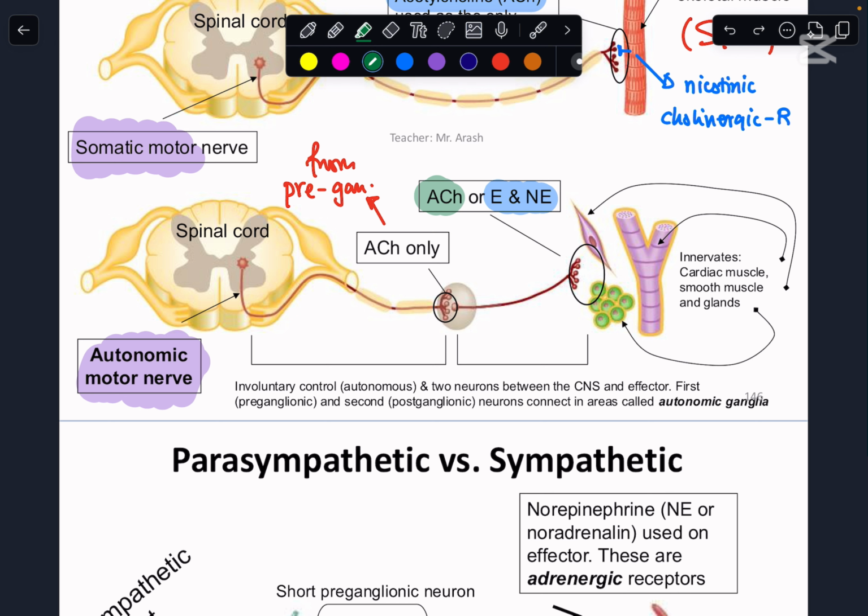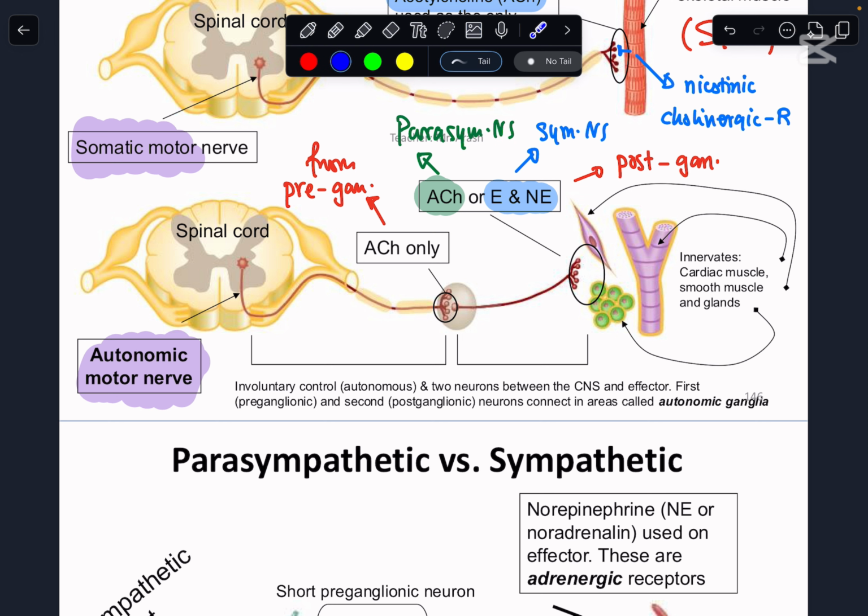They're both postganglion. You would get epinephrine if you had the sympathetic nervous system, and you would have acetylcholine if you had the parasympathetic nervous system.